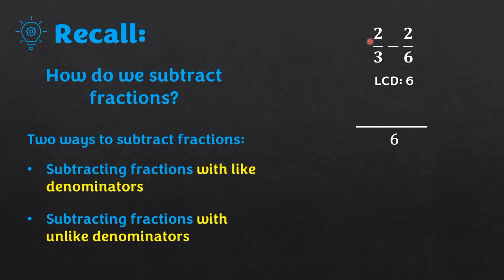Same process on the right side. 6 divided by 6 is 1, times 2 is 2. That's why we have 4 minus 2. After that, we will simplify the numerator. 4 minus 2, we will have 2 over 6, or simply 1/3. So that's how you subtract fractions with unlike denominators.